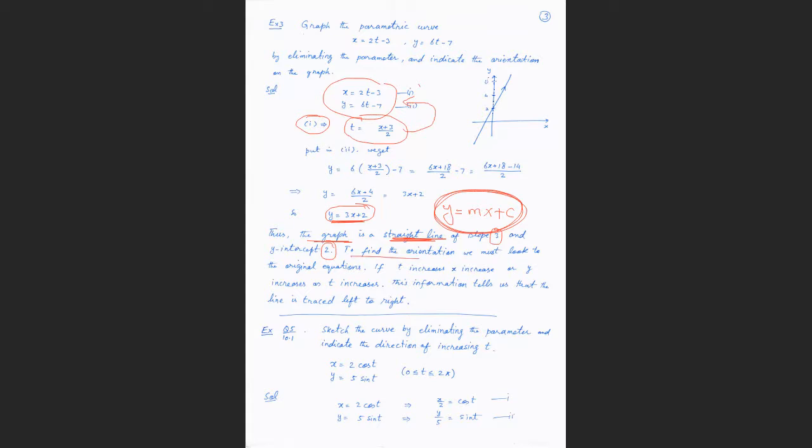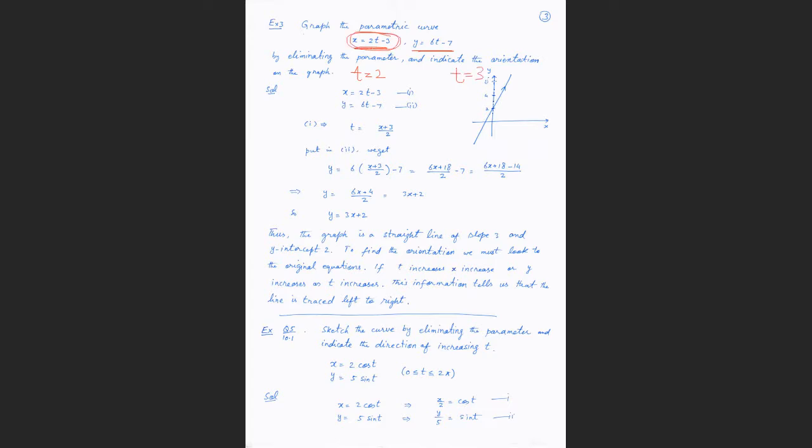To find the orientation, we must look at the original equations. These are the original equations, this one and this one. If t increases, for example, t is 2 and then t is 3, what is the effect on x?